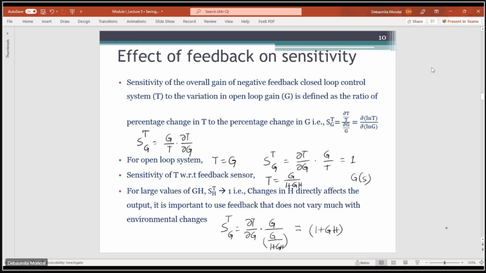Then what is it? Ma'am, we'll get H only. What is this value of del T by del G?